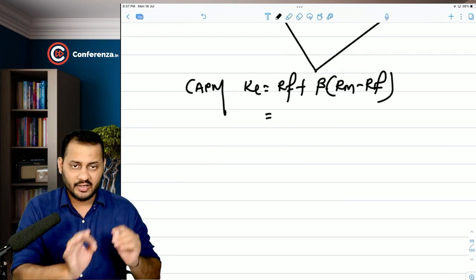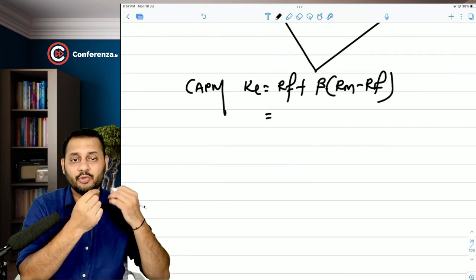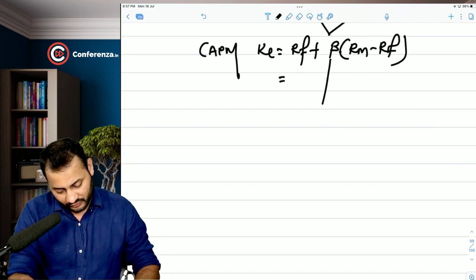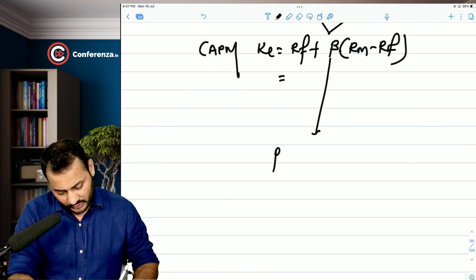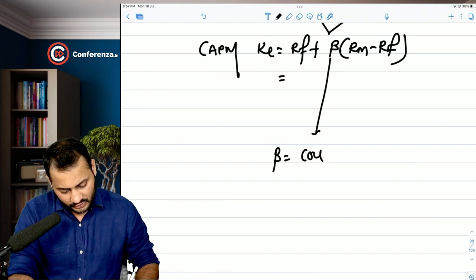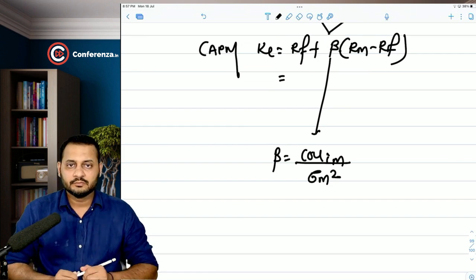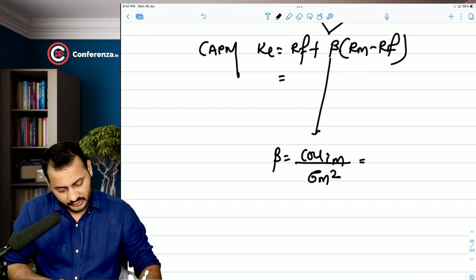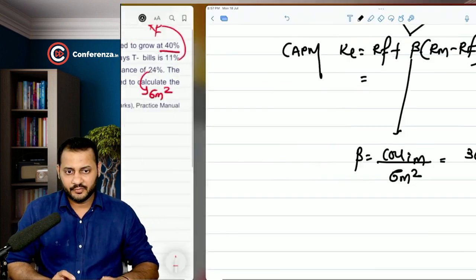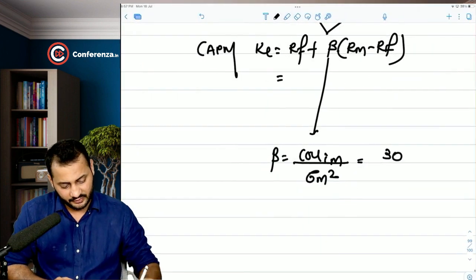We have RF, RM, everything, but we do not have the beta. So we will have to first calculate the beta. Now what is the formula for beta? Covariance of IM divided by standard deviation of M square. Right. So covariance of IM 30, standard deviation of M square 24 square.